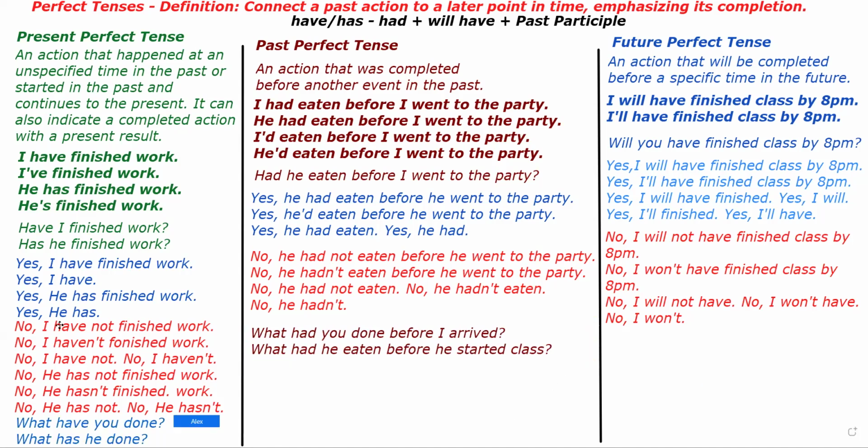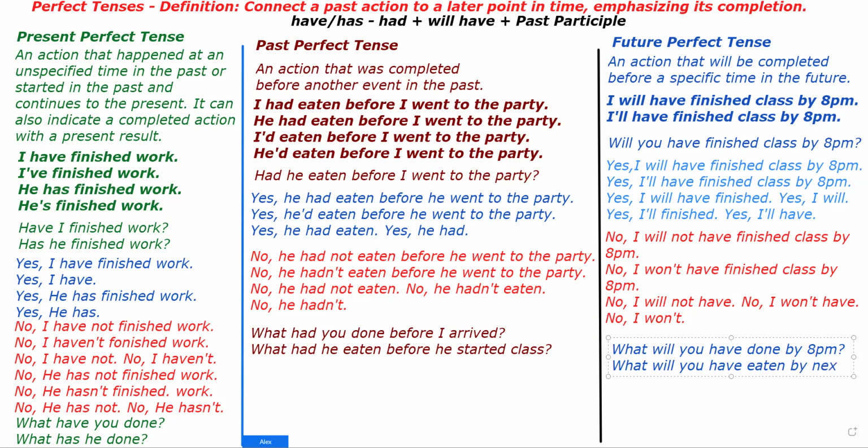Let's say, for example, what will you have done by 8 p.m.? What will you have eaten by next week?